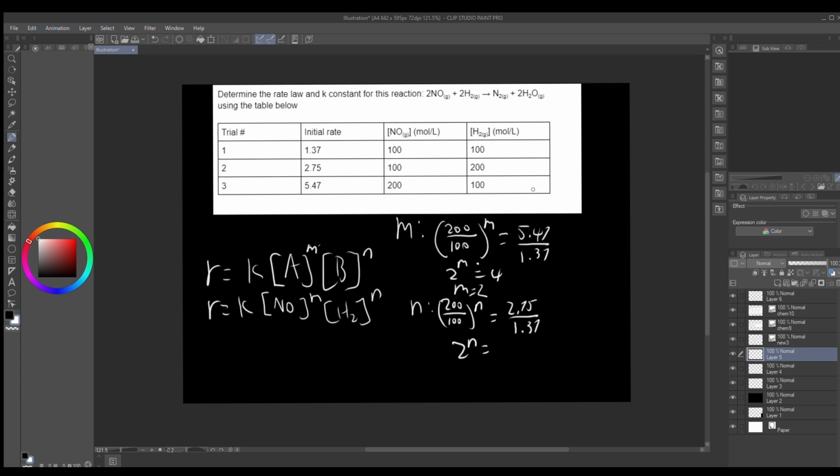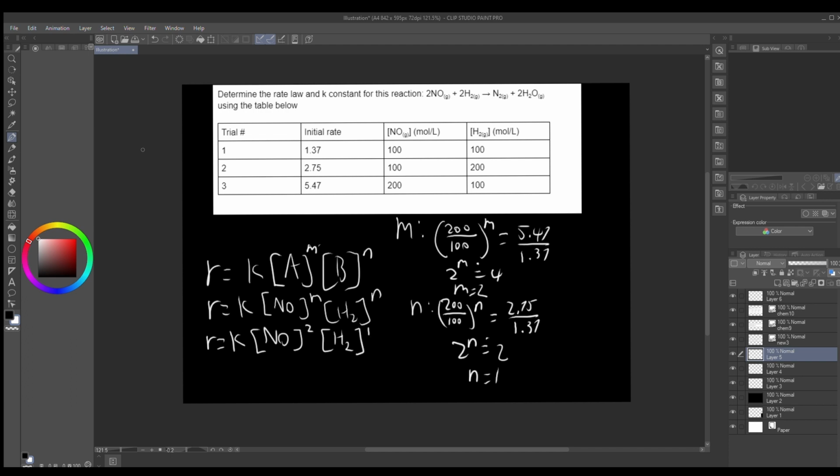Yes, around 2. So n equals 1. So we found the rate law as R equals K, NO squared, H2 to the 1.